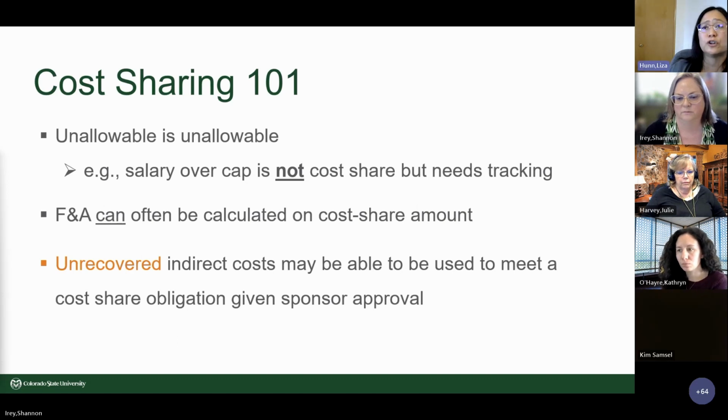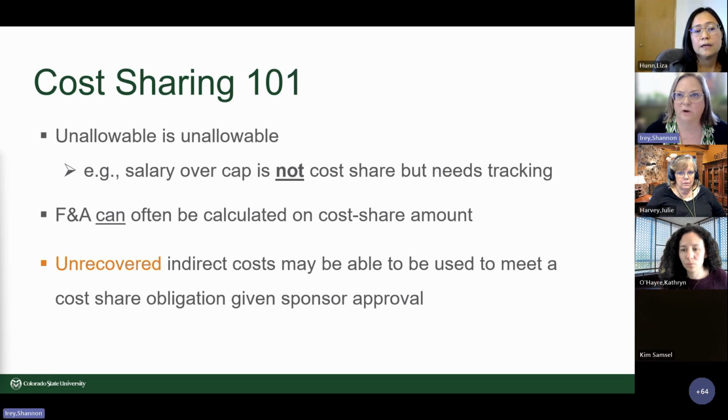The current budget period, let's say, is 54%. The difference in indirect costs using the different rates, as long as it's allowable, can be used on the cost share side, and that will help reduce the amount of direct costs that need to be used to cover cost share. It just has to be allowable.